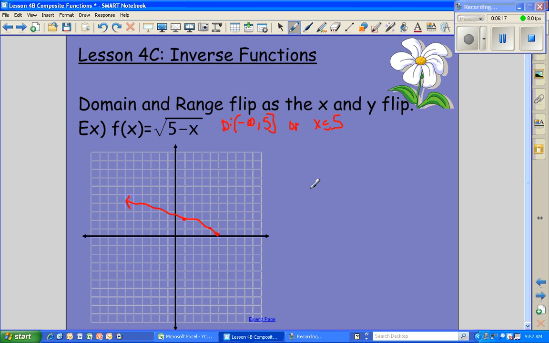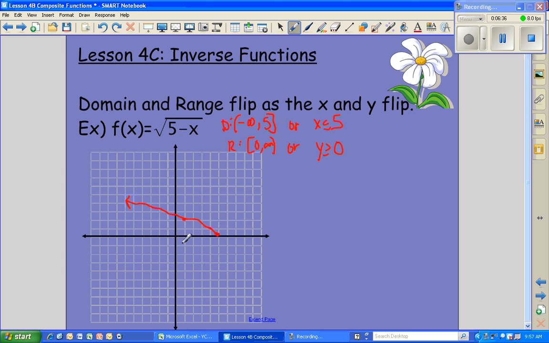That's probably how you're used to saying it. All right, your range in this case starts at 0 and it goes up forever, which you guys are used to saying y is greater than or equal to 0. Okay, so that's this function here.